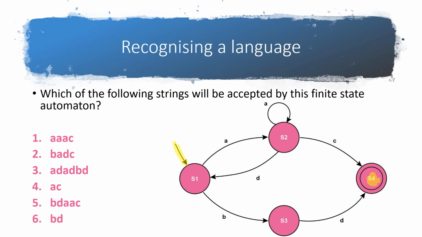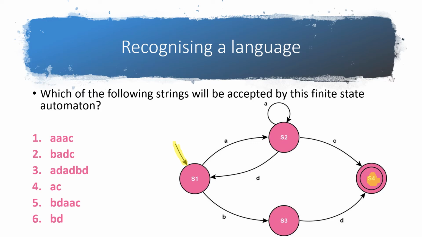So S4 is our accept state, S1 is our start state. Now what we've got then is six bits of text, bits of string, and we're going to see which ones are valid, right? What we're going to do is start at the start state, and process each character as a transition.